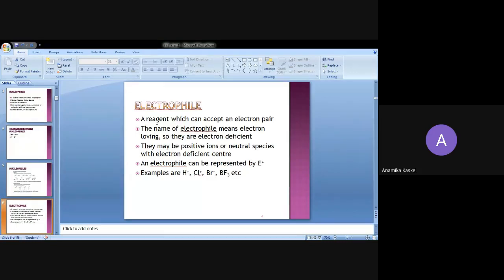An electrophile can be represented by E+. Examples of electrophiles are H plus, Cl plus, Br plus, BF3, etc. These are good examples of the electrophile.